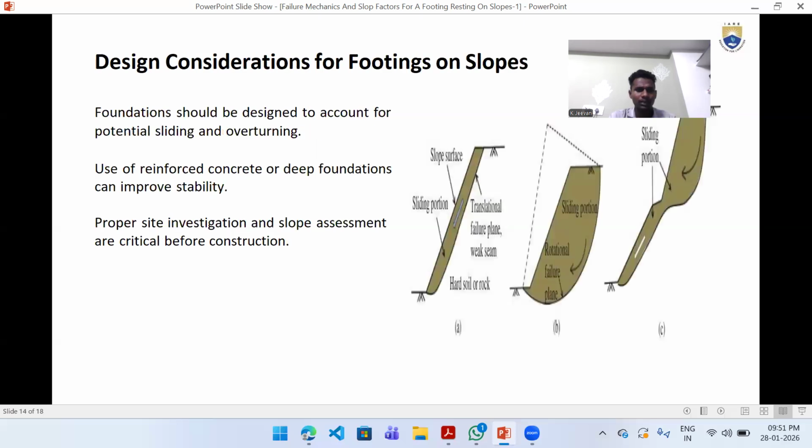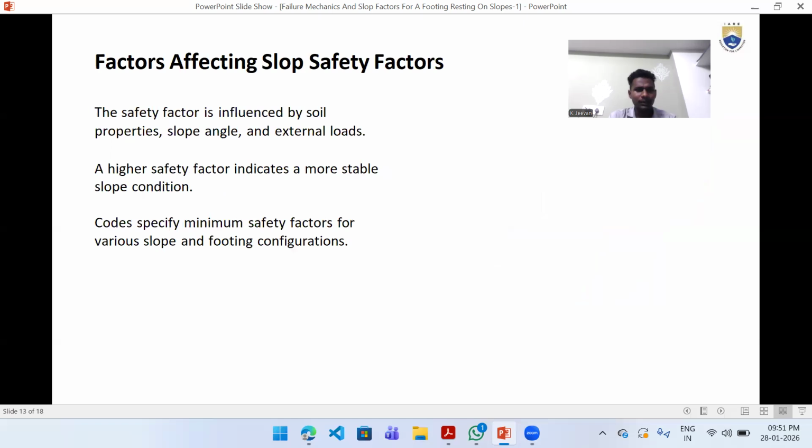You observed in the last slide the design considerations for footings on slopes. Foundations should be designed to account for potential sliding and overturning. The safety factor is influenced by soil properties, slope angle, and external loads.